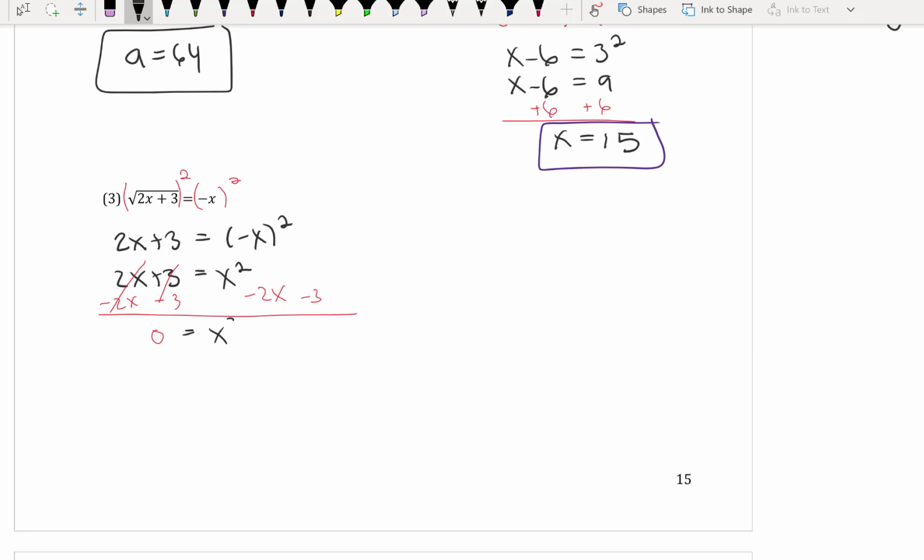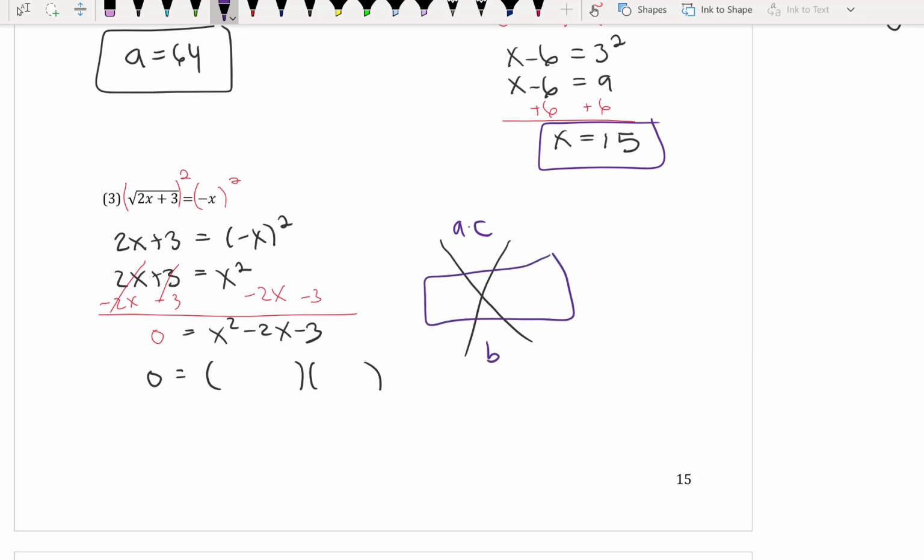And now I have x squared minus 2x minus 3. From here, I can factor. And if you remember, you're going to have your a times your c and your b value, and then your new b value. So here we want two numbers that multiply to negative 3 and add up to negative 2.